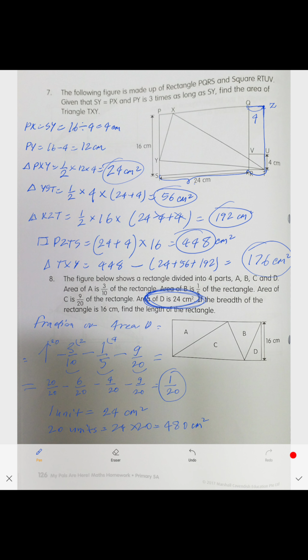You just found the total area of the whole rectangle, right? And then you have one side, breadth. So how do you find length? Length is 480 divided by 16, and you got your length, 30 centimeters.